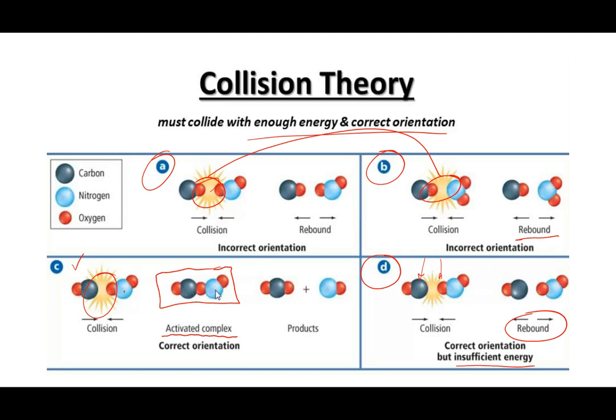Okay, so it's sort of stuck together, and then the rebound occurs, but you create two products that are new from the reactants. In this case, we have carbon dioxide here, and we have nitrogen monoxide, which are both different from the initial reactants. Okay, so it does have to have enough energy to form this activated complex, and then it also has to have the correct orientation.